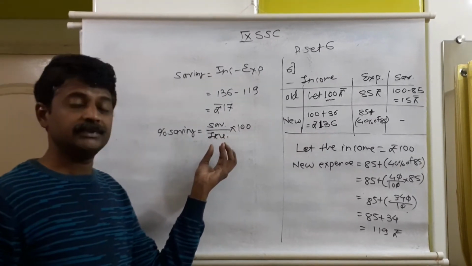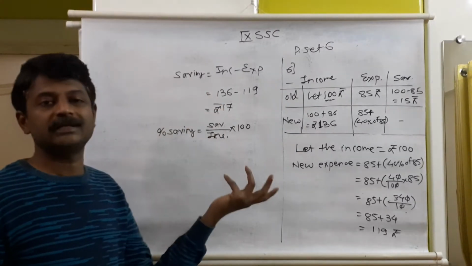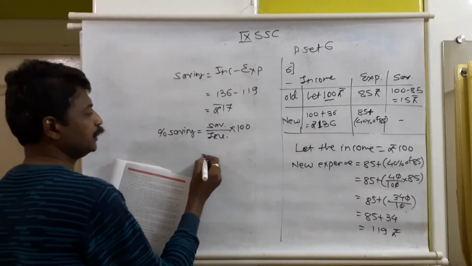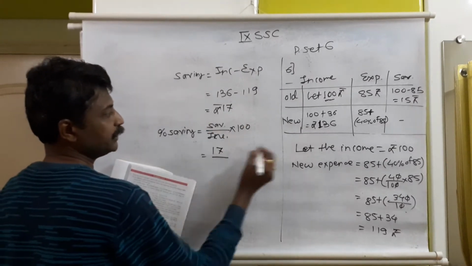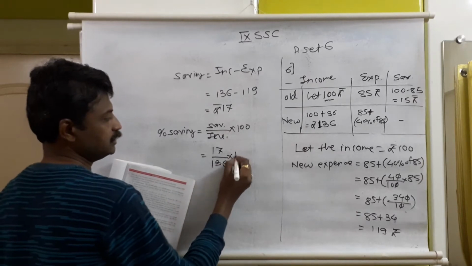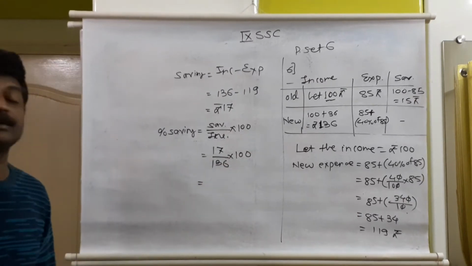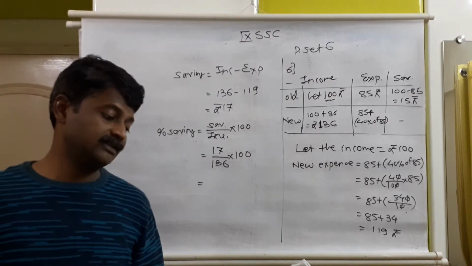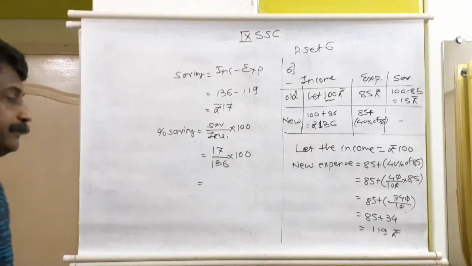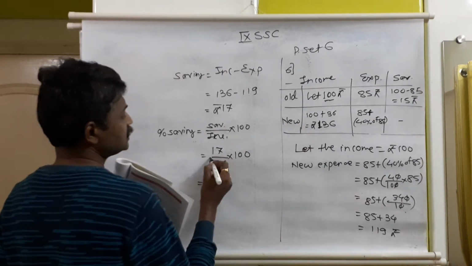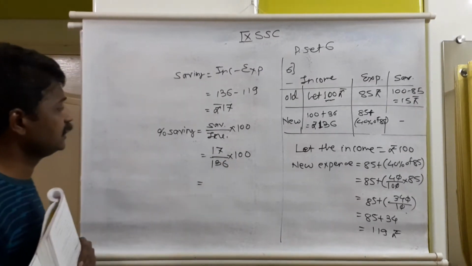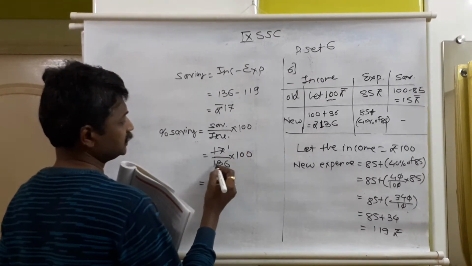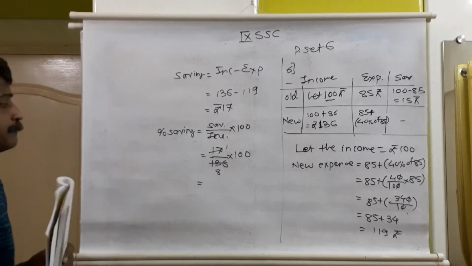On the new income, how much is the new saving? Multiplied by 100, we will get the percentage saving. So new saving is here 17, new income is 136, into 100 will be giving us the percentage saving. Solution for question number 6, Mr. Kailash percentage saving as per the given information. So here 17 upon 136: 8 ones are 8, 8 twos are 16, 8 seventeens are 136.